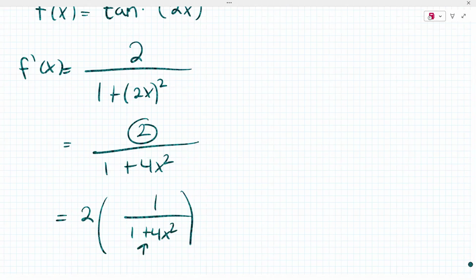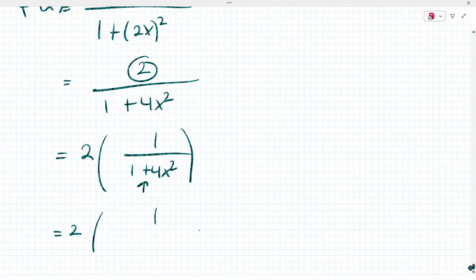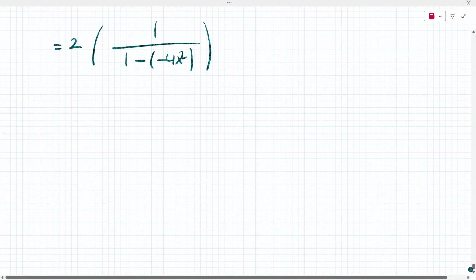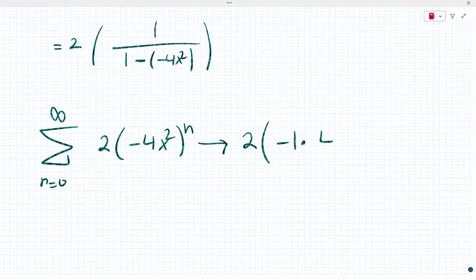And then next I would make that positive into a negative. So that's going to be 2 times the summation of n equals 0 to infinity of negative 4x squared raised to the n, and then that gives you 2 times negative 1 to the n times 4 to the n times x squared raised to the n.